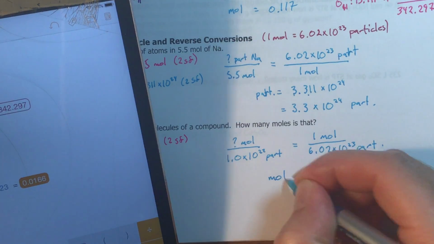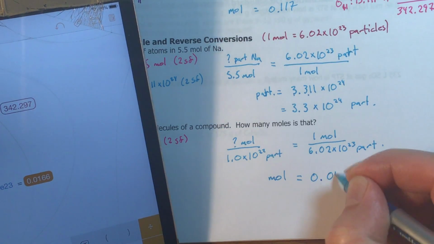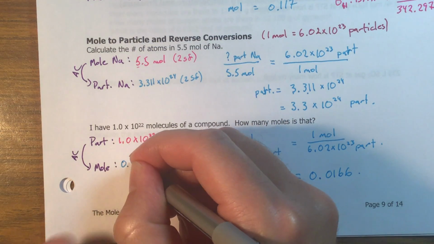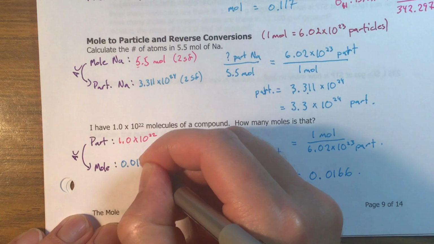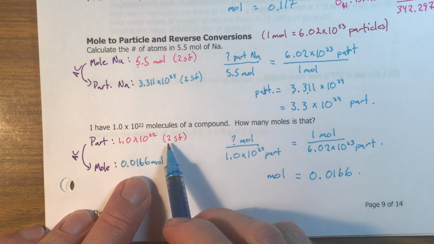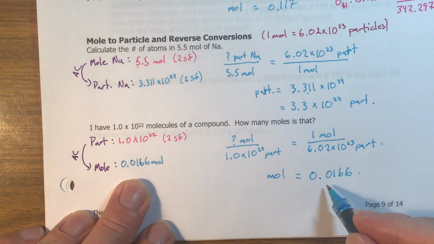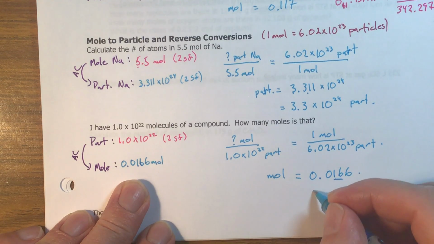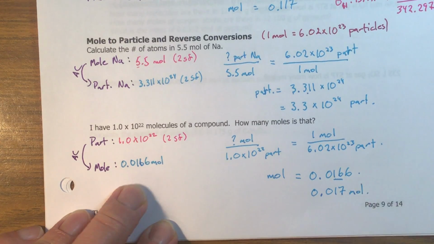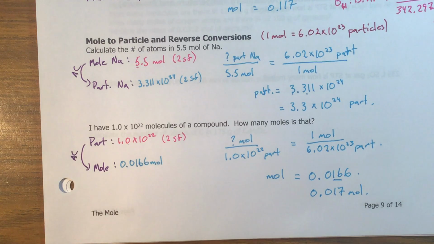So my moles, 0.0166 moles. I'm going to write that down over here, 0.0166 moles. And this guy's got to have two significant figures, so we round this to 0.017 moles. There we go. These conversions are much, much simpler.